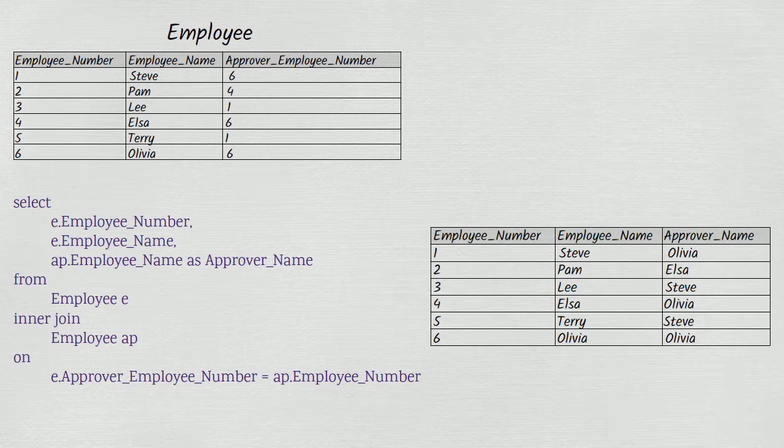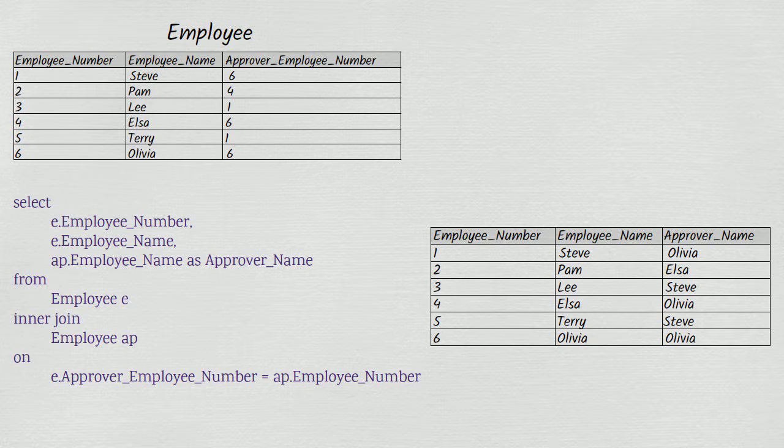The inner join used in this query is fundamentally no different from any other inner join. It just happens that in this case, we're matching each row from the employee table to a row in the employee table. We are, in effect, joining from one copy of the employee table to another copy of the employee table.